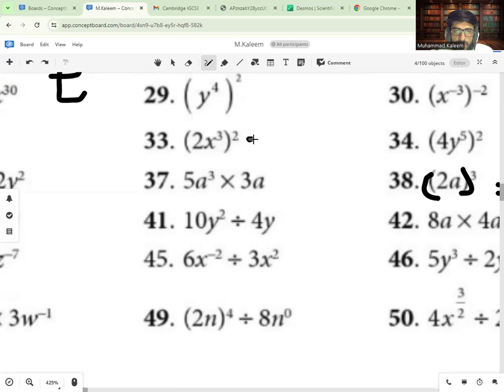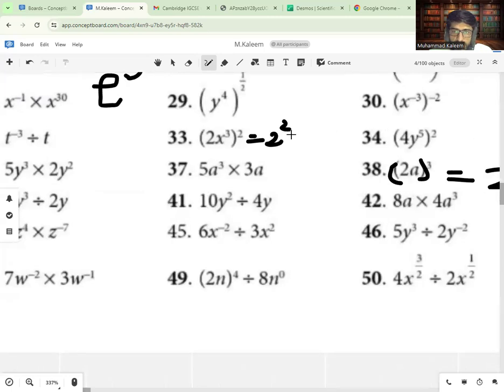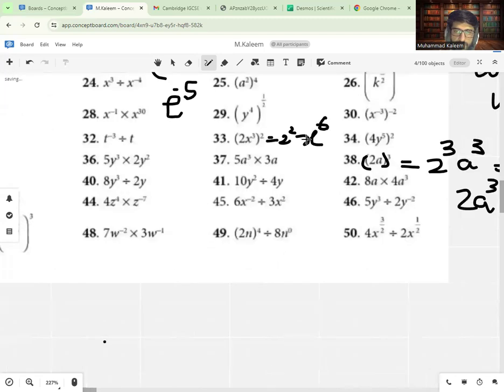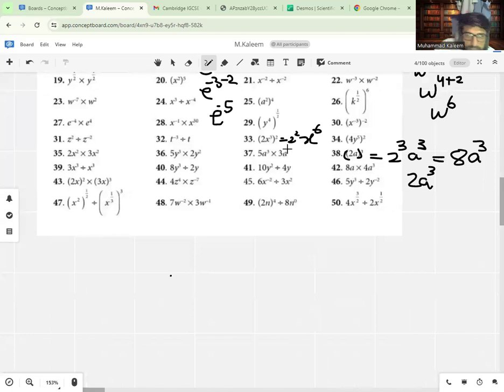And its answer will be equal to 2 raised to the power 2 and x raised to the power will become 6. Why 6? Because when we apply 2 on it, this power will be 2 times 3, which is 6. That's why. So 4x^6 will be our answer in this case.